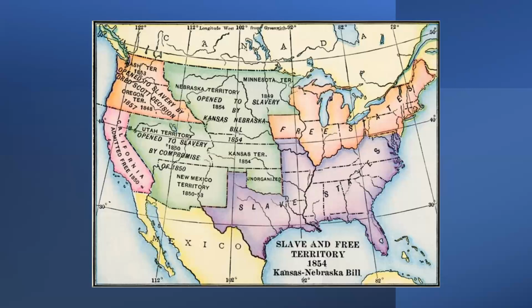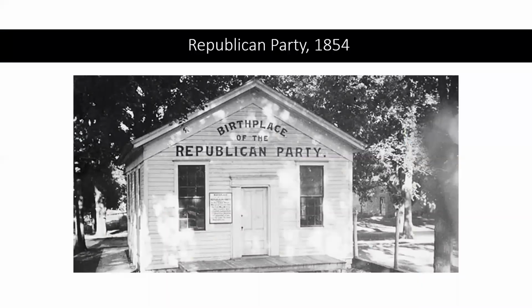Well, a new political party would try. The Republican Party announced that, quote, "No man can own another man," end of quote. And the Republican Party would not permit slavery in the territories or the new states.